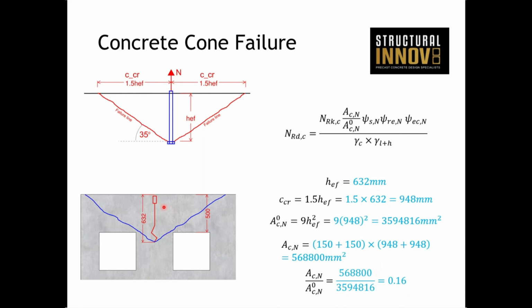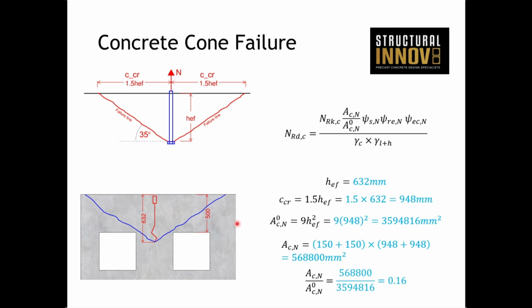And the depth, this particular bar was 632 millimeters, and that's what we use in the design. The representative breakout is here, a bit close to the edge, and what happens if you are too close to that. But for the sake of argument, we're saying that we can avail of all this full blue line here.